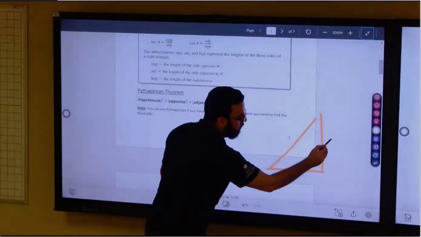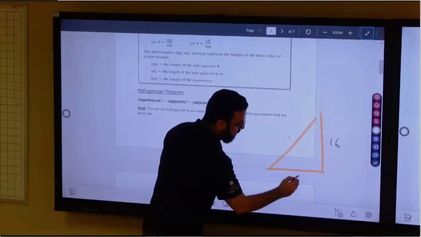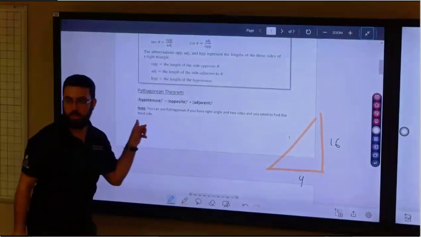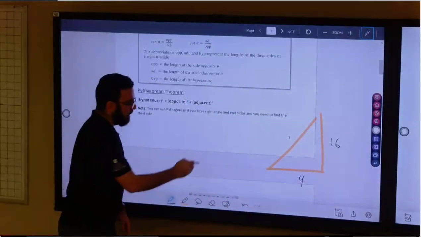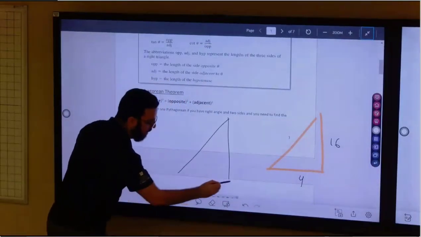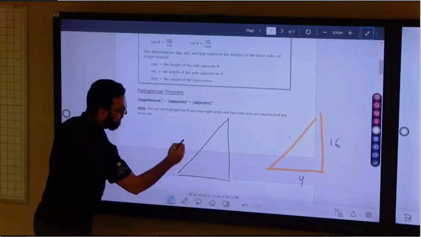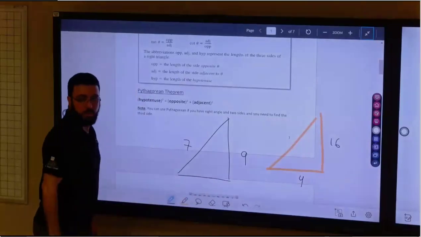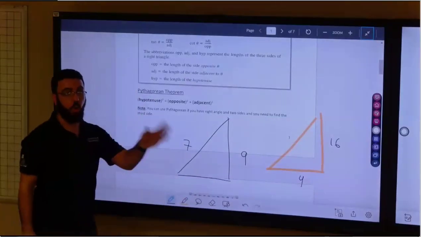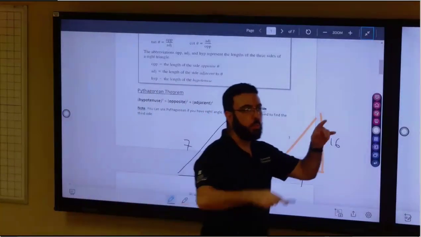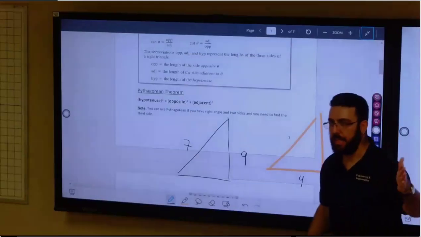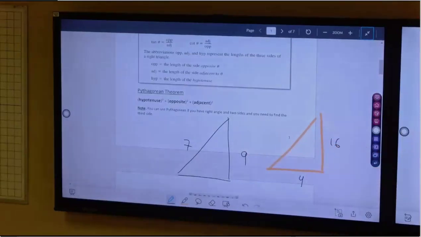If you have this one 16, and this one is 4, can I find the third side by using this theorem? Here's another example: if you have 7 and 9, can I find this side? Always when you have a triangle, you're missing one side and you have two sides, yes, I can find the third side by using the Pythagorean theorem.